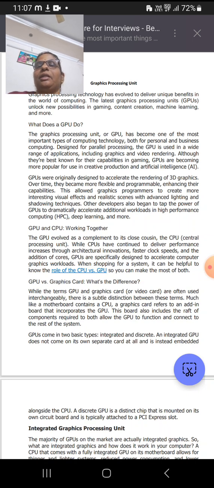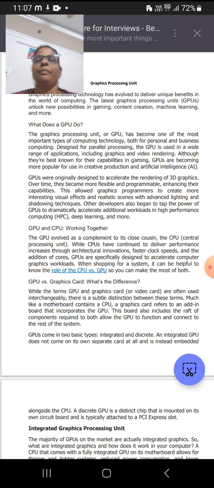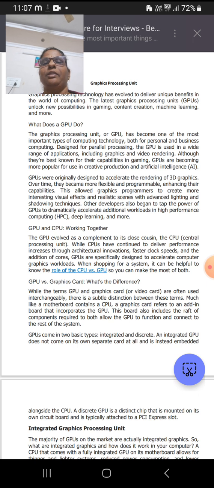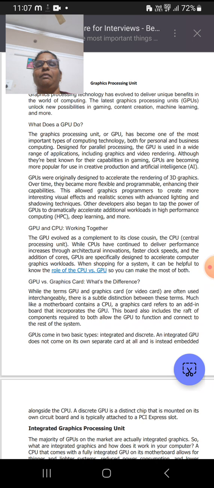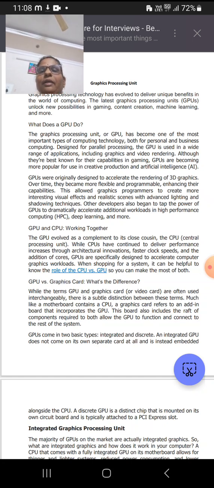Yes, graphics processing units, GPUs, are one of the several important types of computing topologies, both general, personal and business computing, designed for parallel processing, unlike CPUs, for a wide range of applications including graphics and video rendering. Although their capabilities are wider, they were originally designed for the rendering of 3D graphics.